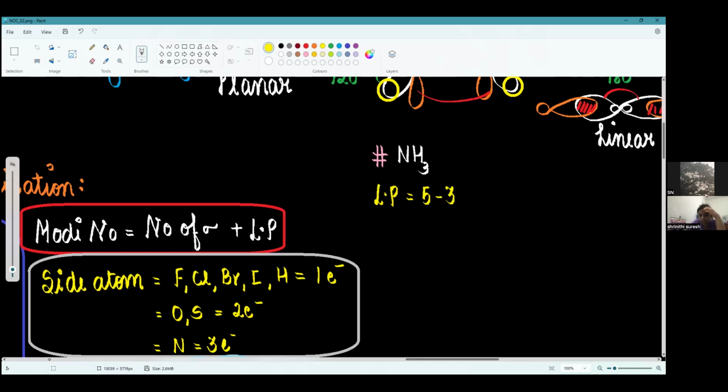So 3 hydrogens will share 3 electrons. So what are you going to get? How many electrons? 2. Correct, na? So 2 electrons means how many lone pairs? We had to divide by 2 at the end, right? So 2 electrons means 1 lone pair, correct. So we got 1 lone pair.